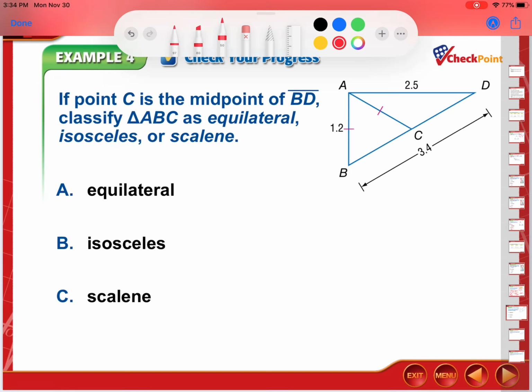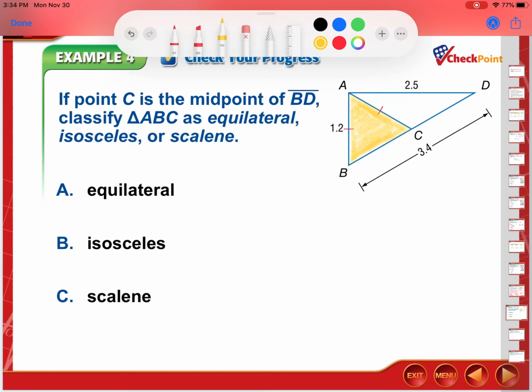So if point C is the midpoint of line BD, then classify triangle ABC. So triangle ABC is this one here that I'm going to color yellow again.